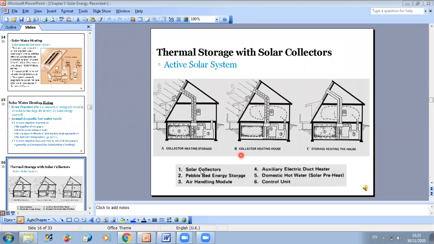So here we have three scenarios. The first one is when we have excess heat, then we store solar energy in the storage medium. Another case is when the solar energy is directly needed to heat the space, so we don't take it to the storage medium. And at the end, when solar energy is not available, air can be circulated through our storage medium, which delivers energy back to the air.